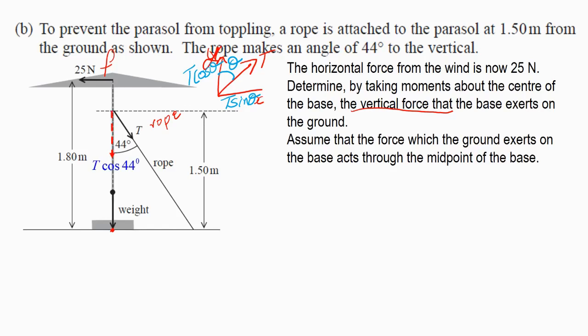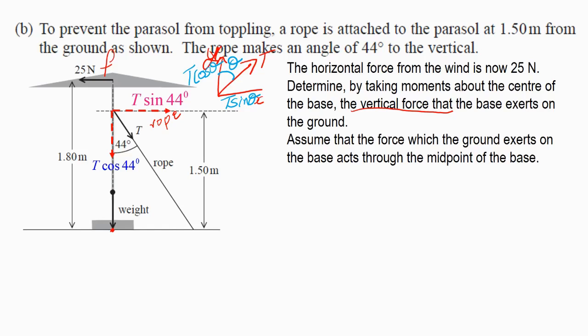That is, T cos 44 is acting vertically downward, since the tension also acts in a vertically downward direction. So you will get the vertical component of this tension as T cos 44. And what about the horizontal component? The horizontal component of the tension is T sin 44, in the horizontal direction towards the right of the system.